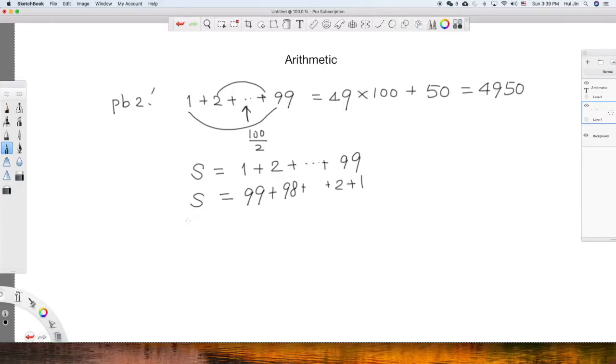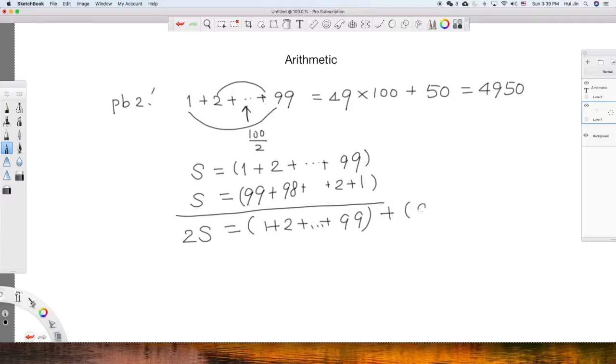Now, I'm adding those two things together. I'm calling it 2S because I'm just taking this whole thing and adding this whole thing. Okay? Equals 1 plus 2 plus 99, in between, plus 99 plus 98 plus 1.